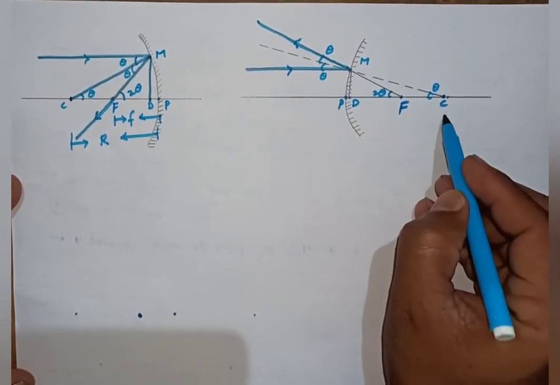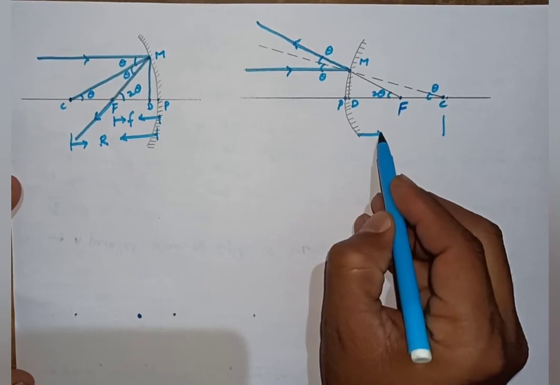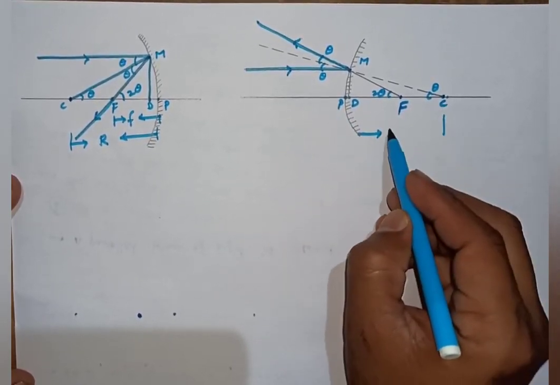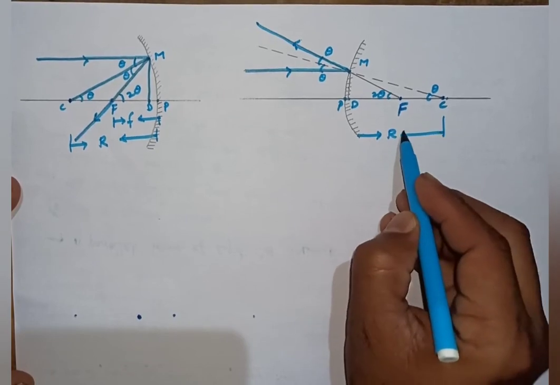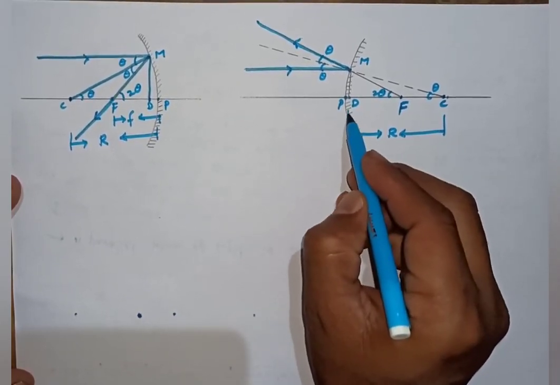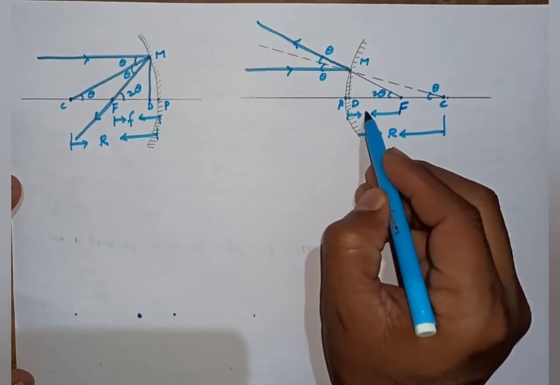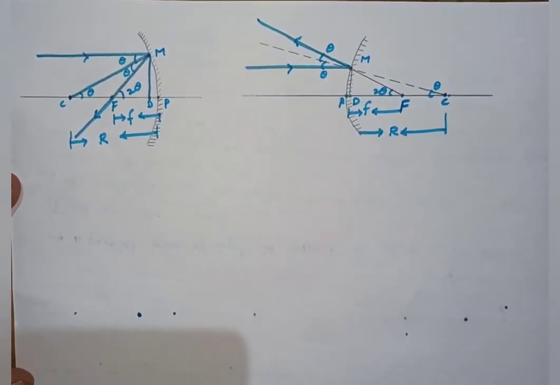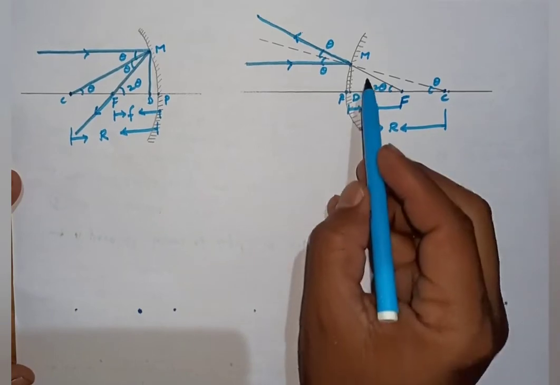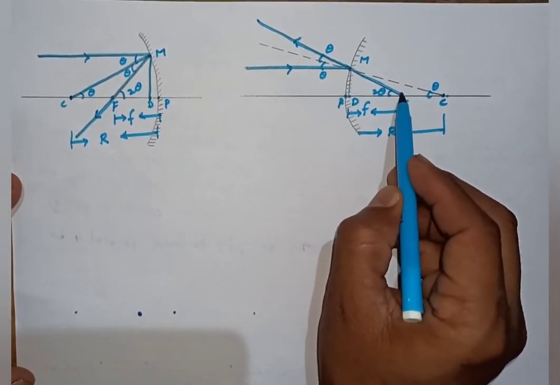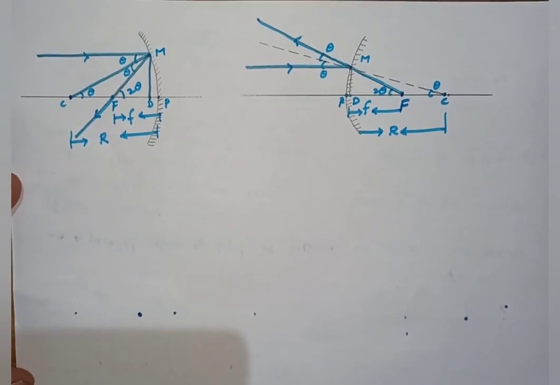Here also the distance between the pole and the center of curvature is the radius of curvature R, and the distance between the pole and the focus is the focal length. Here the focus is F.